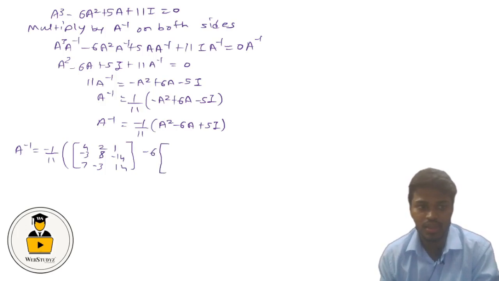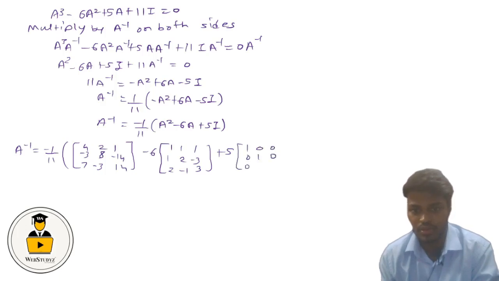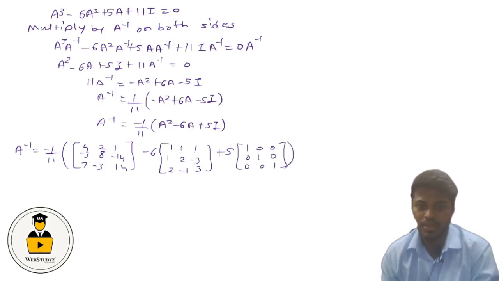Now 6 times A is 1 1 1, 1 2 minus 3, 2 minus 1 3, plus 5 times identity matrix, so 1 0 0, 0 1 0, 0 0 1. Now we need to simplify this to get the value of A inverse.